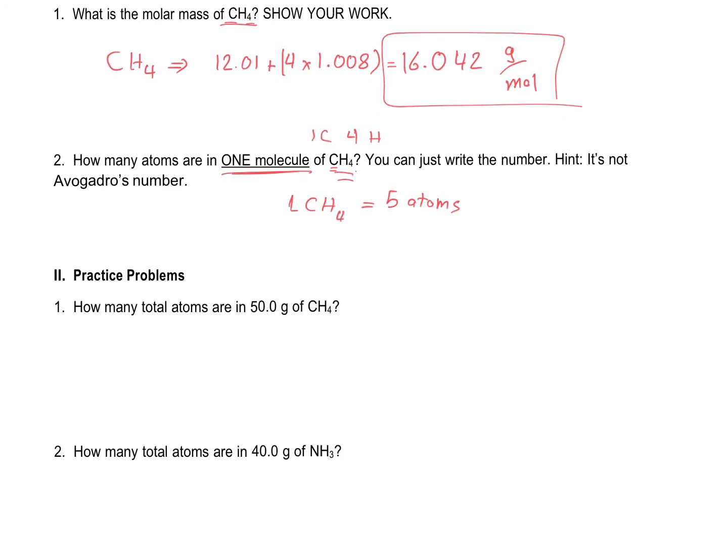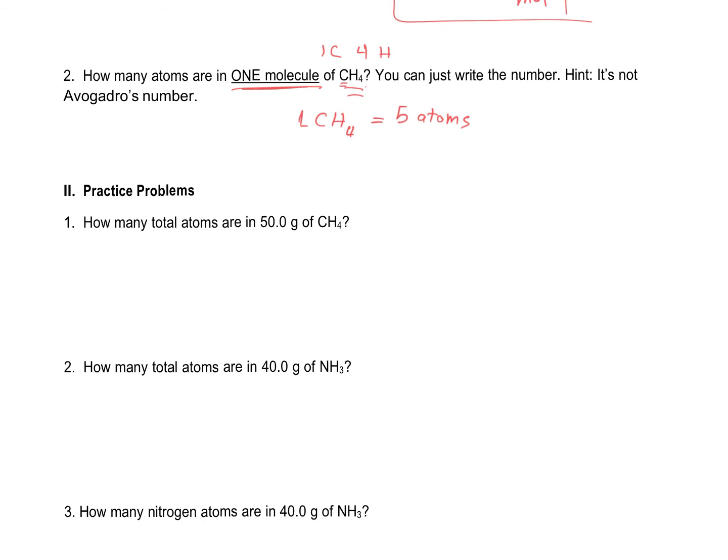Okay, so let's go to the practice problem. The first one, we have 50 gram of CH4. How many total atoms? Okay, we've had this in the lecture slides. So we start with the given information, 50 gram of CH4. You have to go from gram to mole first.